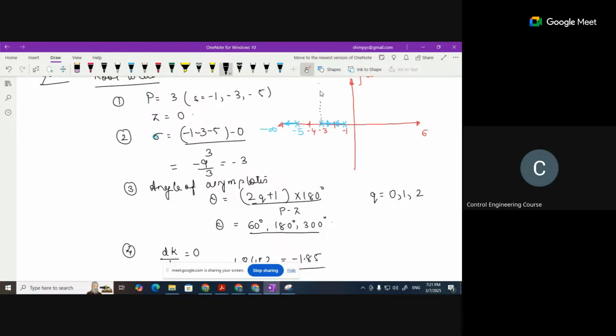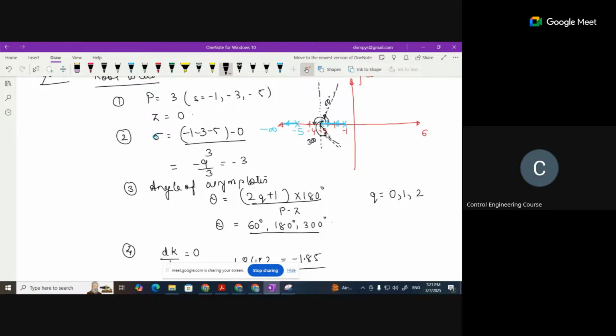Listen carefully, Muthu, it will be clear to you now. So 60 degree will be coming somewhere here, like this, then 180 degree, and 300 will be down here.